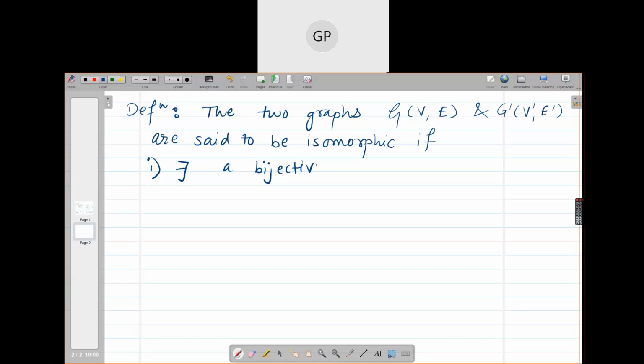What do you mean by bijective mapping? Can anyone tell me? Yes, what do you mean by bijective mapping?